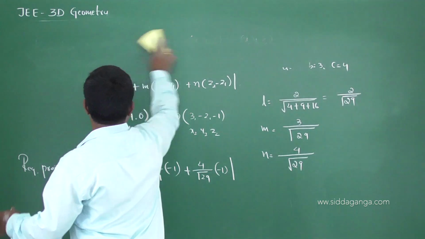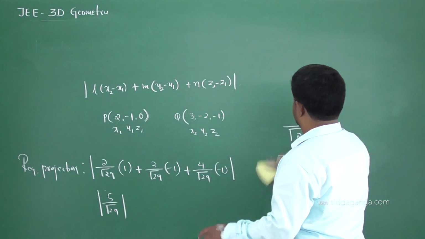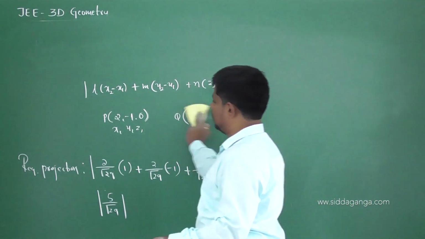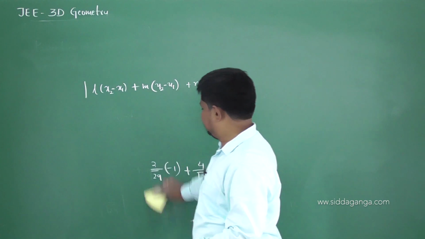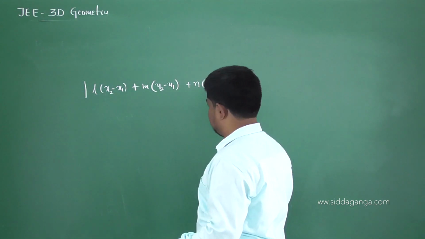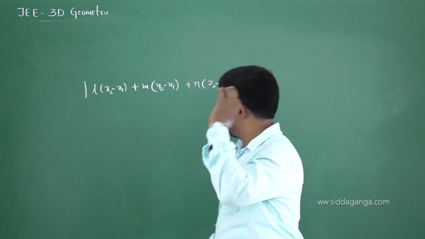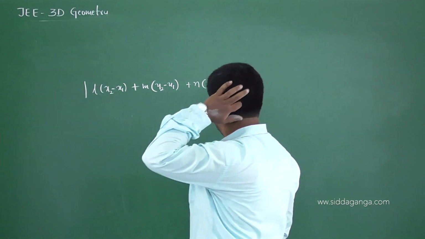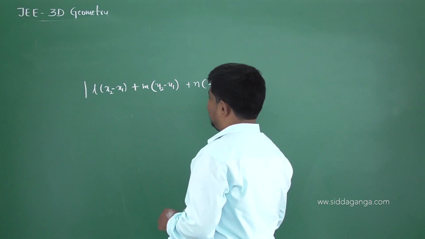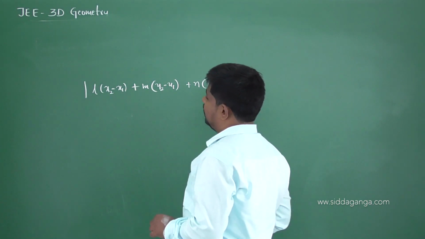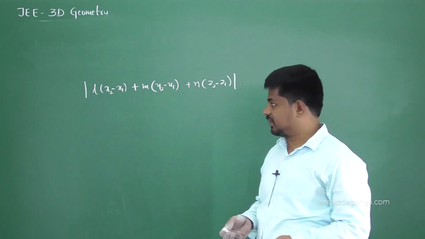And one more thing, students, this is a result: the projection of a segment joining x1, y1, z1 and x2, y2, z2 on the line whose cosines are given. Now what happens when we ask: what is the projection of the line joining x1, y1, z1 and x2, y2, z2 on the x-axis?